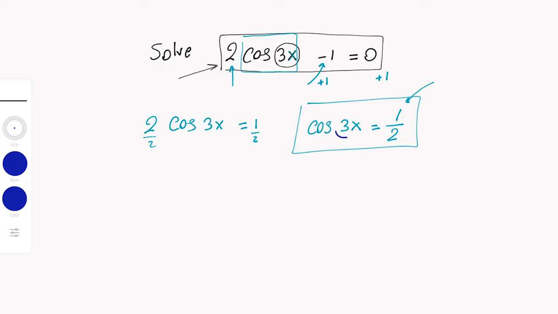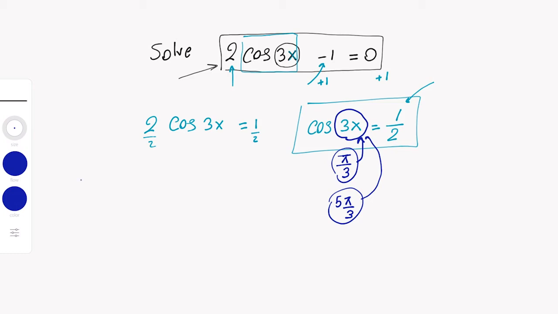So cosine of what angle is 1/2? We just saw that pi over 3 and 5 pi over 3. That means if I apply pi over 3 here, I get 1/2. Or if I apply 5 pi over 3, I get 1/2.